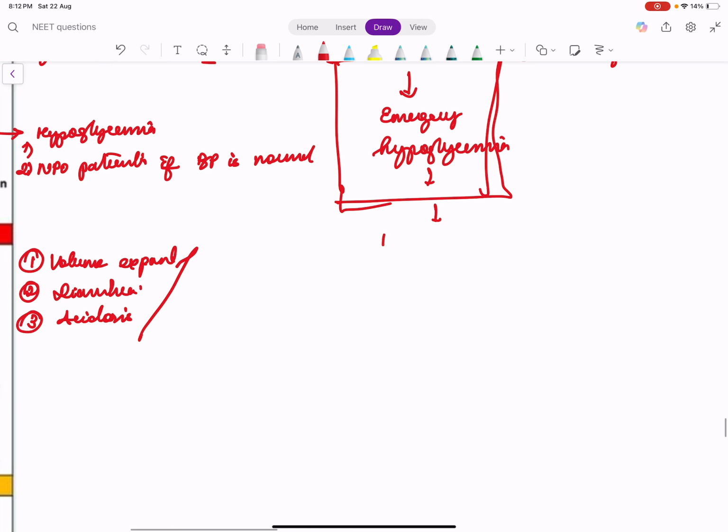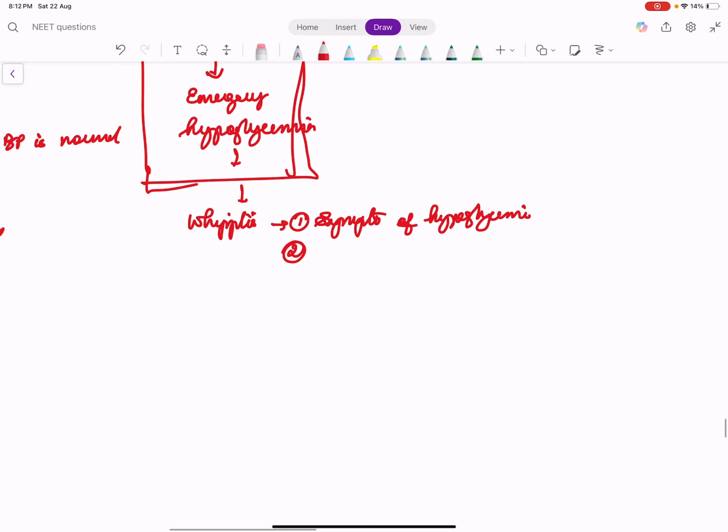So in hypoglycemia, we give 25% dextrose. I think you will remember the Whipple's triad of hypoglycemia. The triad is: one, there are symptoms of hypoglycemia. Second, there should be documented hypoglycemia.